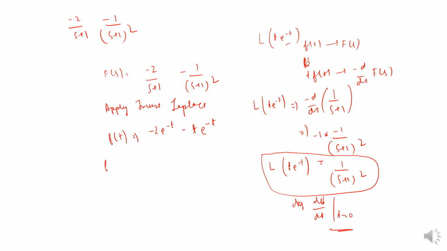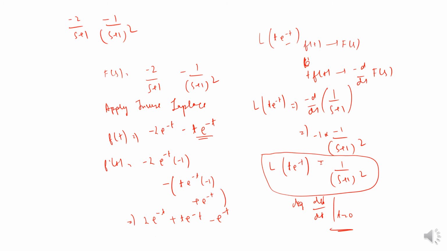Now differentiate it. y dash of t is equal to minus 2 e power minus t into minus 1, minus, for this term, using the uv formula, t into e power minus t into minus 1 plus e power minus t. So overall it is 2 e power minus t plus t e power minus t minus e power minus t.